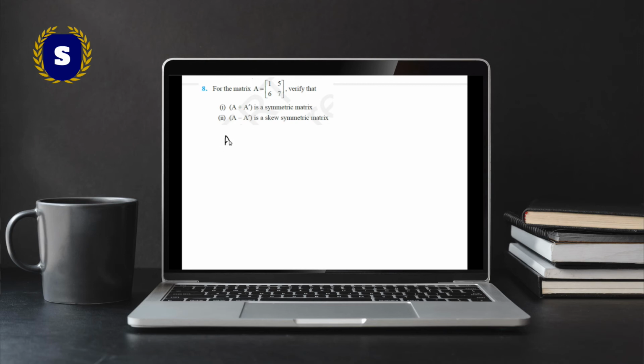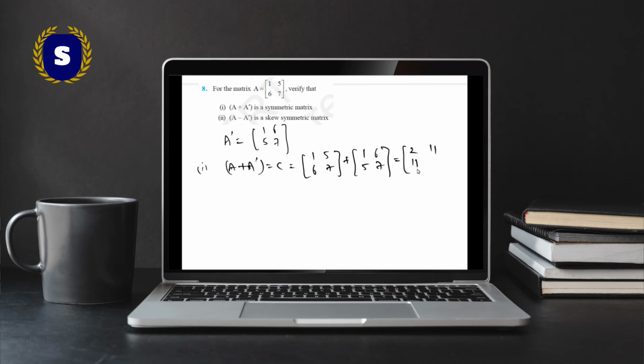So the transpose of matrix A is 1, 5, 6, 7. For the first part, we need to calculate matrix A plus A transpose. Let us assume this to be matrix C, which is equal to 1, 6, 5, 7 plus 1, 6, 5, 7, right? And this comes out to be 2, 11, 11, 14.